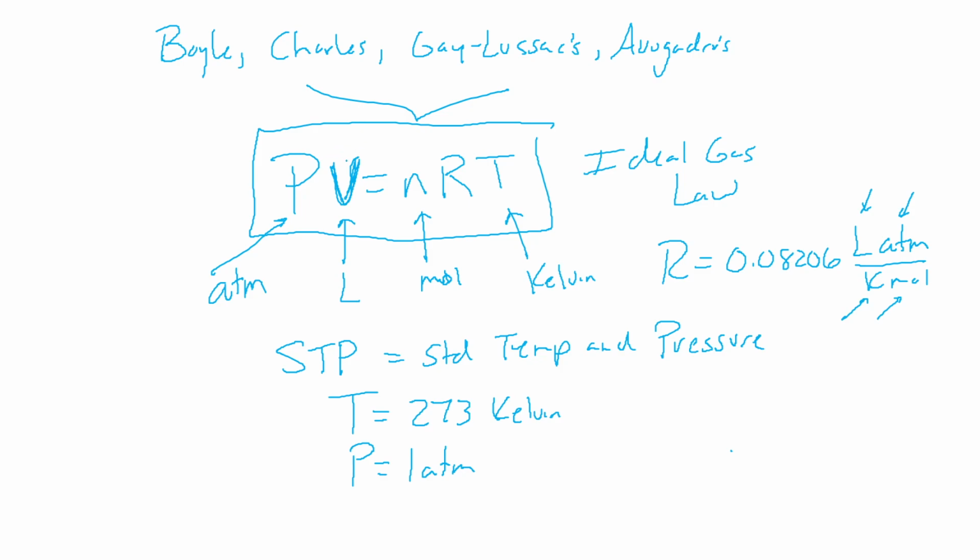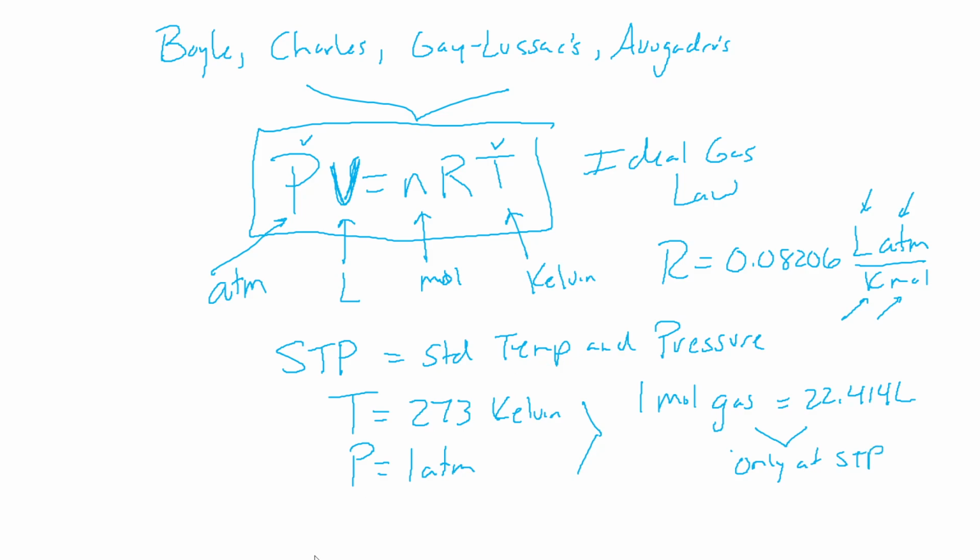Now, you can always use the ideal gas law at STP conditions or non-STP conditions. Again, if it's not 273 and 1 atmosphere, it's non-STP conditions. And if it is at STP, you could simply throw those values in here. Now, there is sort of a workaround. If you are at STP, 1 mole of any gas will equal 22.414 liters, and this is only at STP.